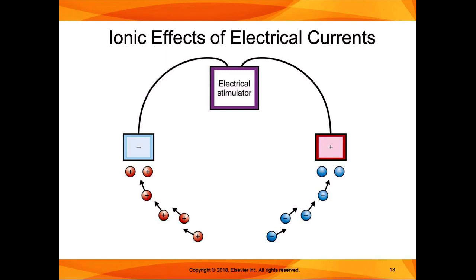So we exploit those ionic effects therapeutically for things like iontophoresis. Direct current is used to repel ionized drug molecules and increase transdermal drug penetration. The ionic effects of electricity are also used for treatment of inflammation, to facilitate tissue healing, and to reduce the formation of edema.